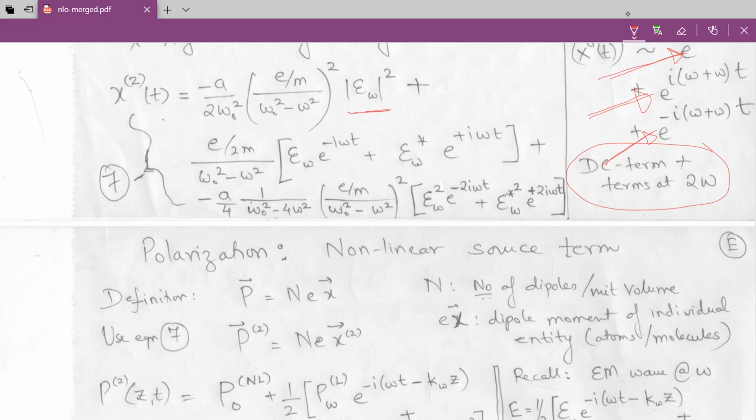So for omega equal to omega naught, that is, if my drive frequency is matched with the natural oscillation, in that case I would get a very large DC response because of this nonlinear drive.